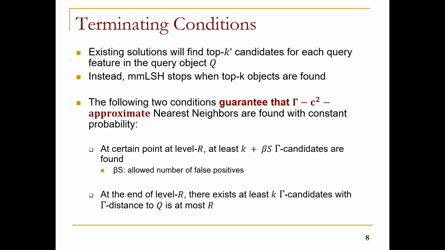These two conditions guarantee that gamma c square approximate nearest neighbors are found with constant probability. We ask the viewer to refer to our paper for rigorous proofs for these guarantees.